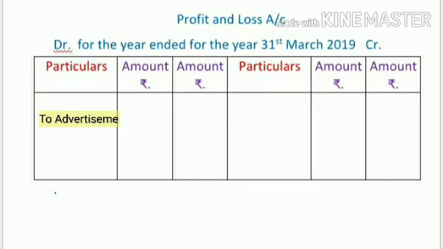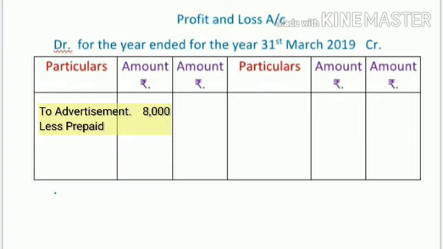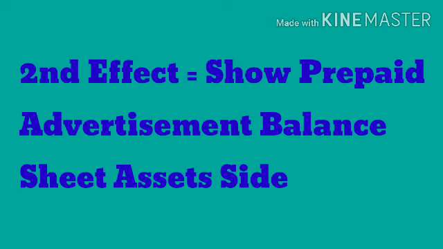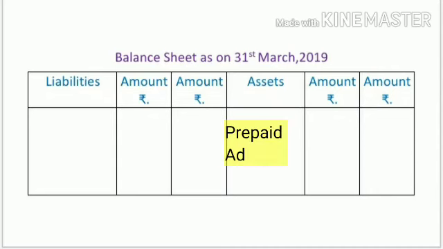In profit and loss account debit side, to advertisement rupees 8,000 less prepaid advertisement 6,000, in outer column 2,000 of profit and loss account. Second effect, show prepaid advertisement rupees 6,000 on balance sheet asset side.